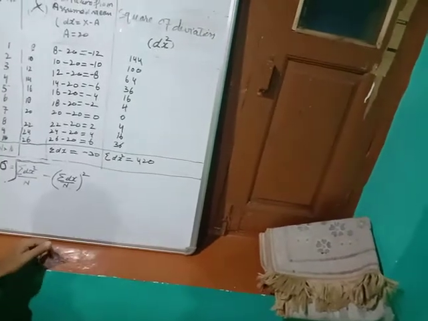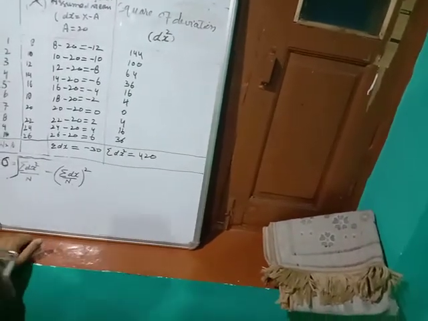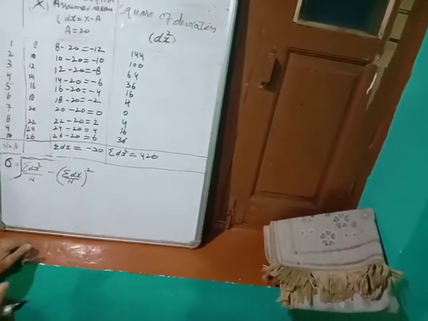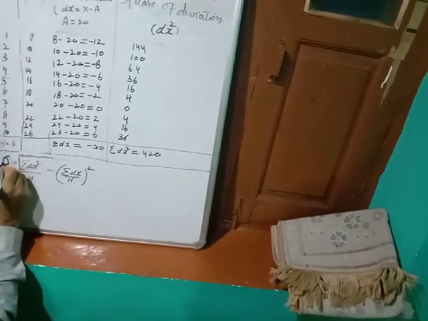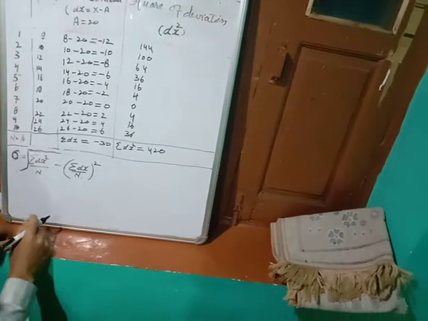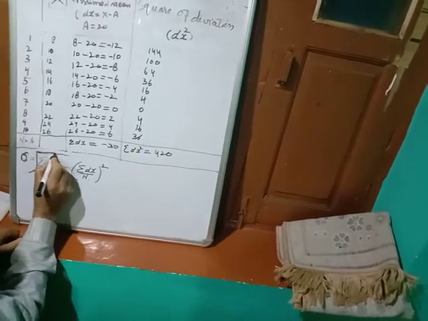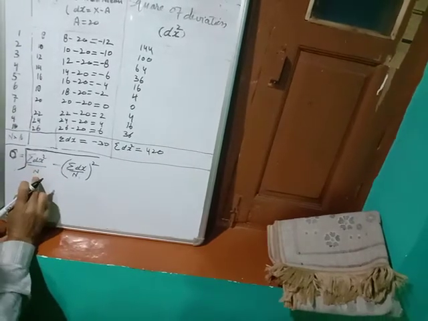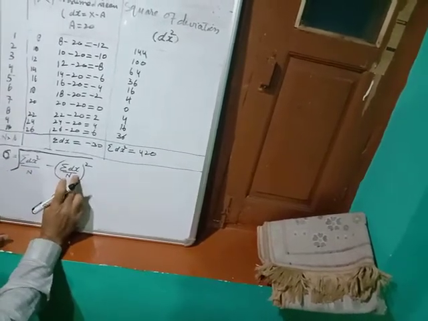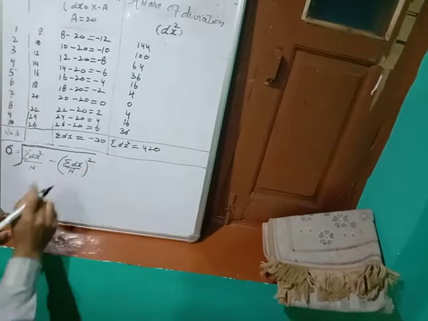Now, what is the formula to find standard deviation by the shortcut method? The formula is standard deviation is equal to root of sigma dx square by n minus sigma dx by n whole square.